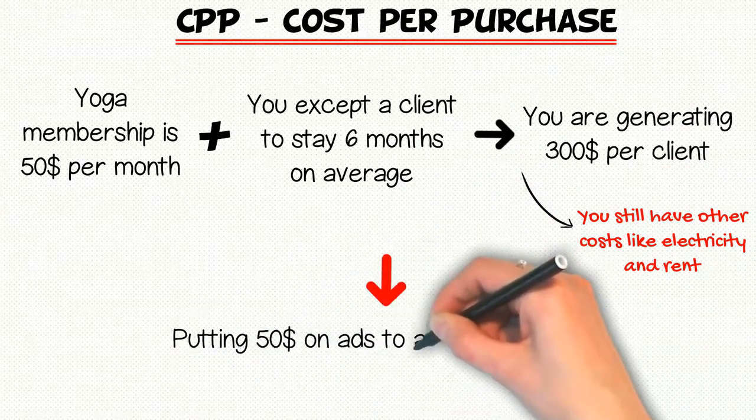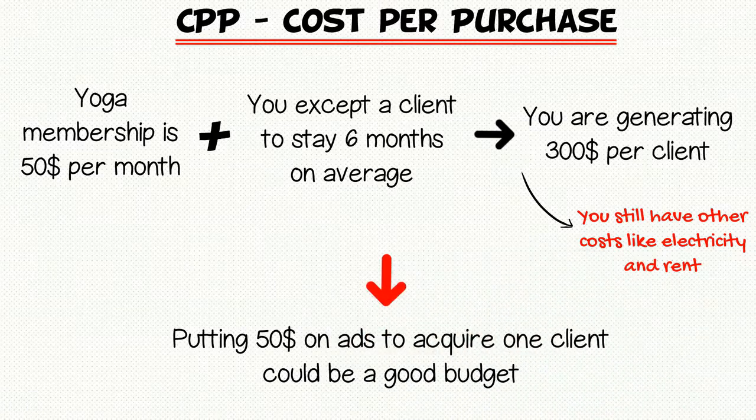So putting $50 on ads to acquire one client could be a good budget. Again, every business is different and there are a lot of factors and calculations to do. This is not the subject of this course, but you have to keep in mind the amount of money you are willing to put on ads to acquire your clients.